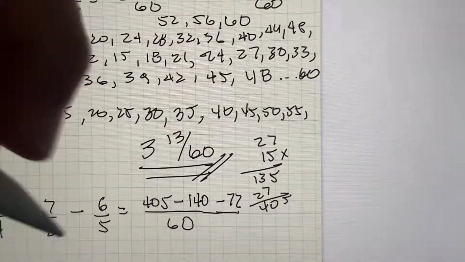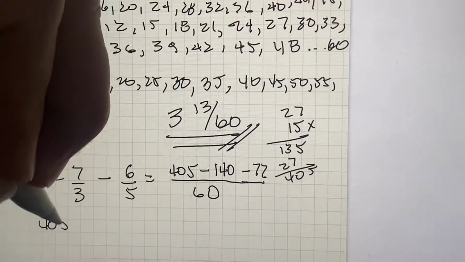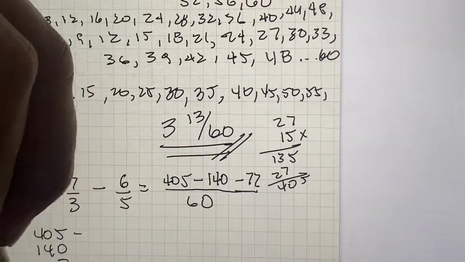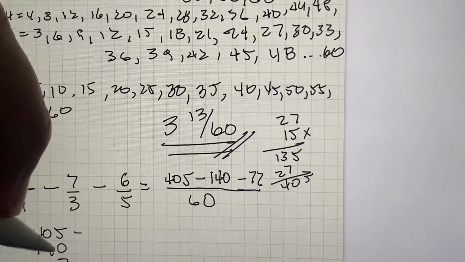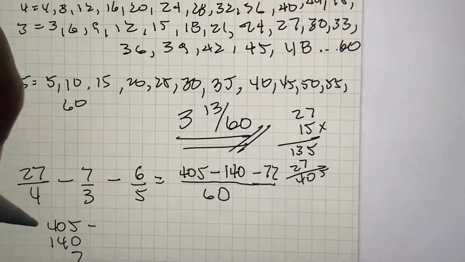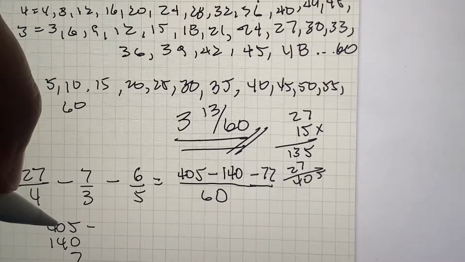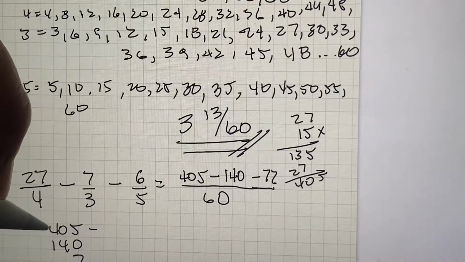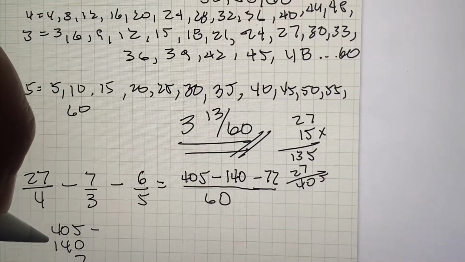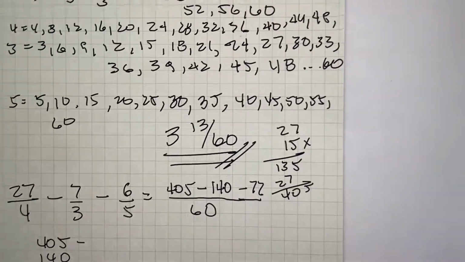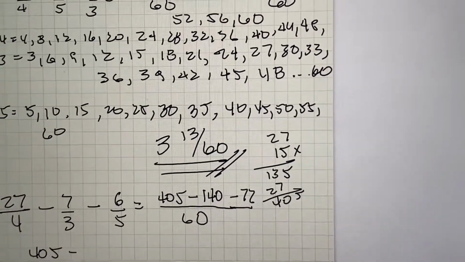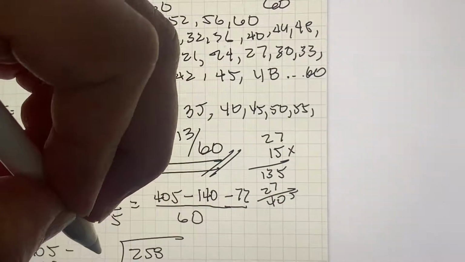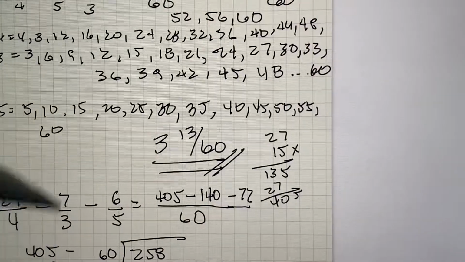So now we have 405 minus 140 minus 72. So 258 divided by 60.